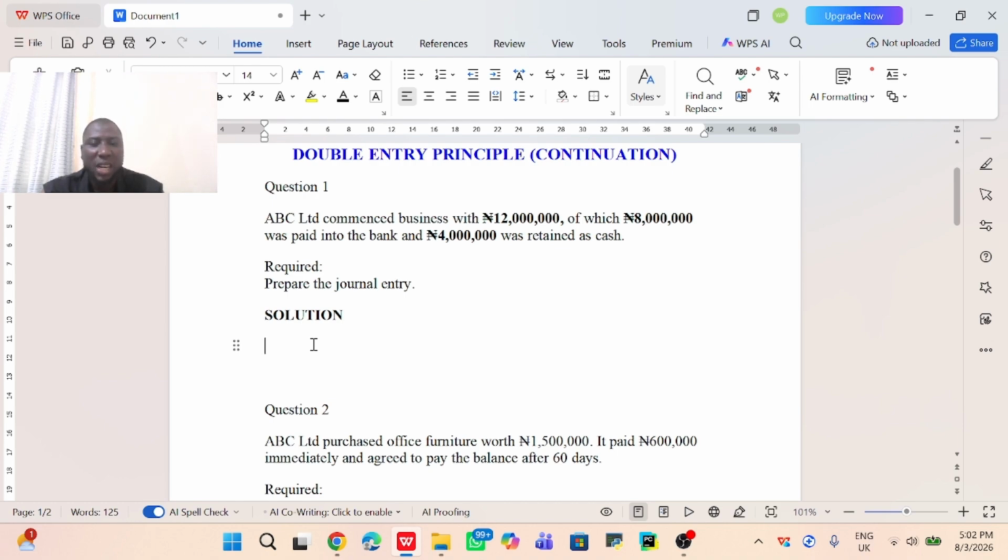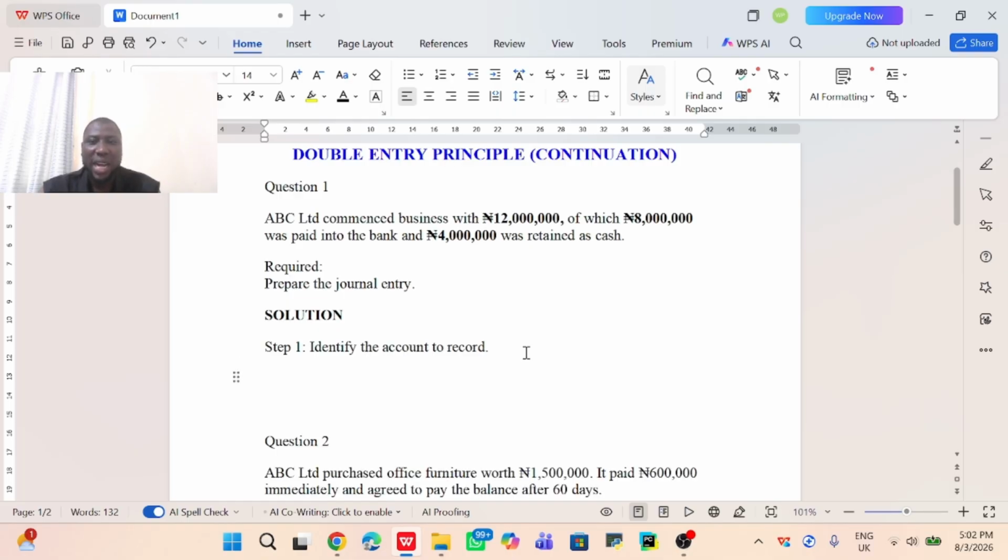Step one: identify the accounts to record. You have to identify the accounts to record.